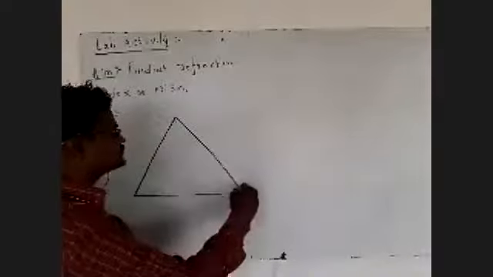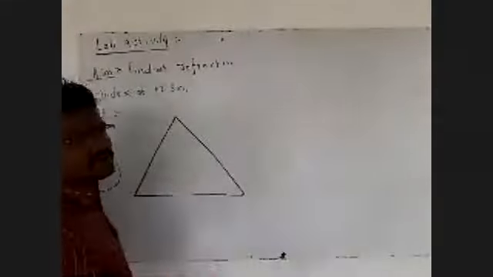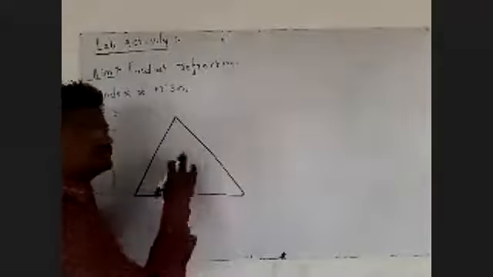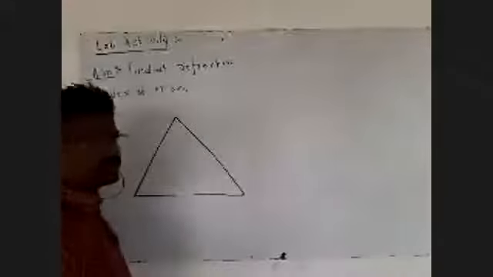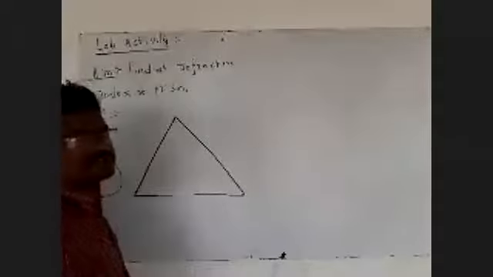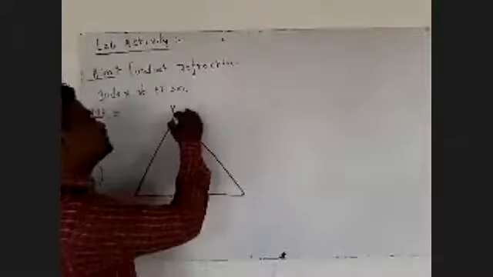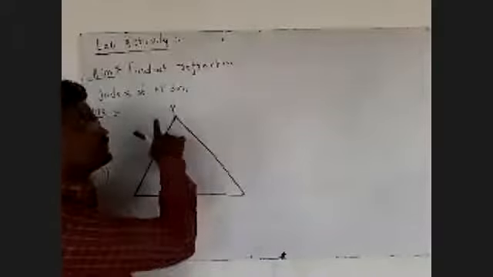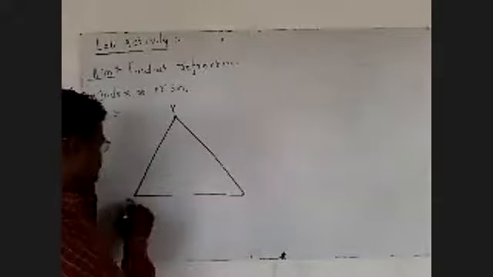This is the outline of the prism. And remove the prism from the paper. So you are seeing the outlines of the prism. This is point P, this is point Q, this is point R.